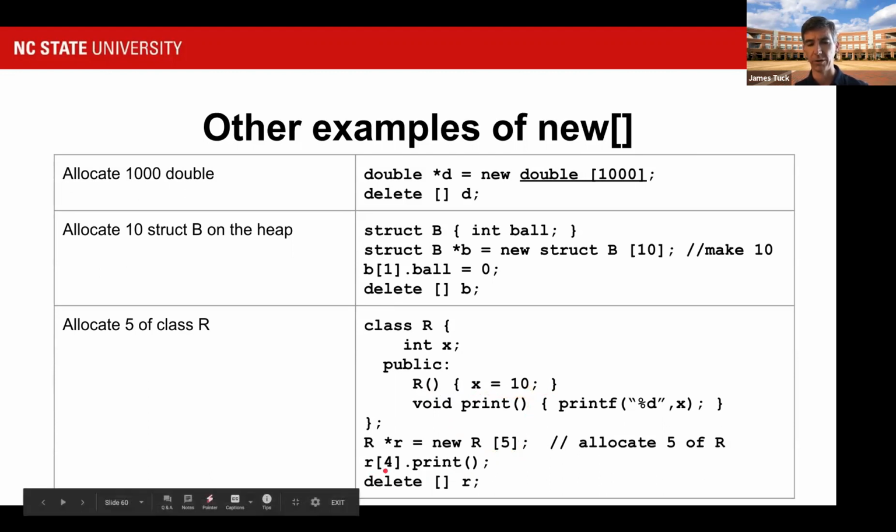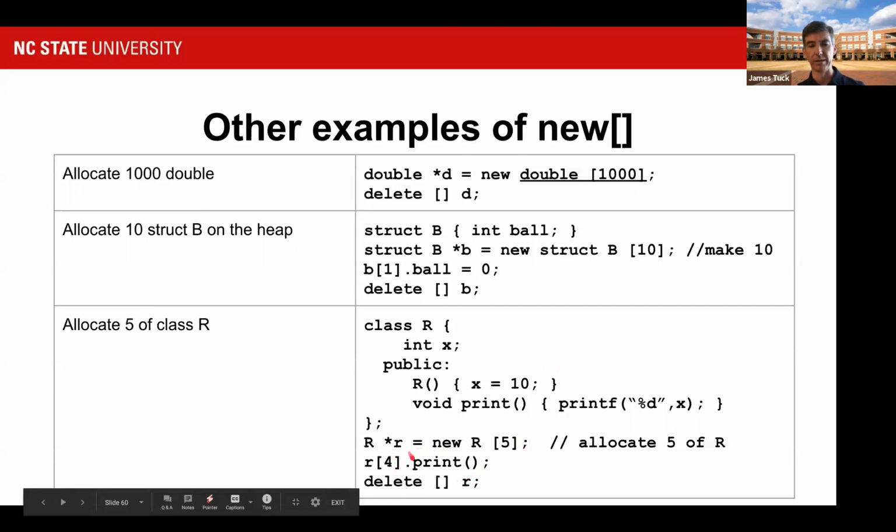So if I called the print member function on the 4th element of this array, then it's going to print out the value 10. Since all objects in this array that were allocated all got initialized to have the same value of 10.